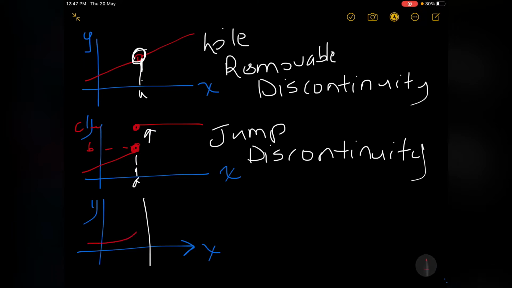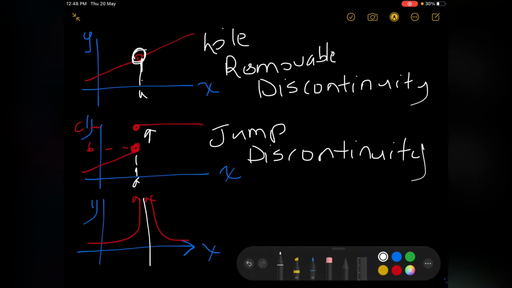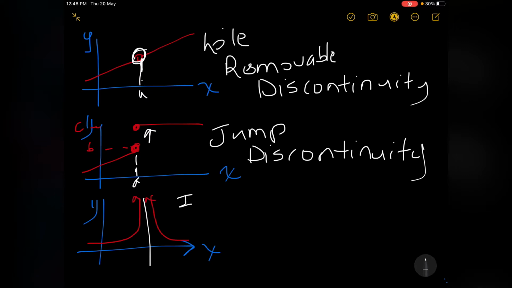If I have a curve like this, and that's my function, then there's a gap in between the functions because the white line is the asymptote, so it never touches that line. It goes up to infinity. This discontinuity is called infinite discontinuity.